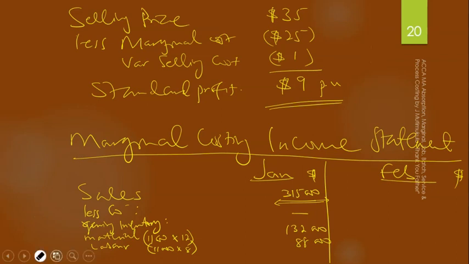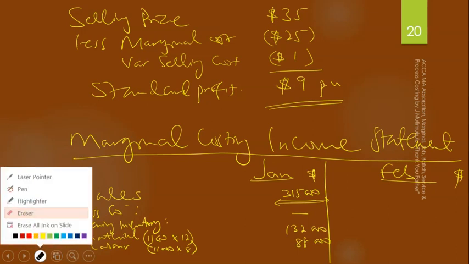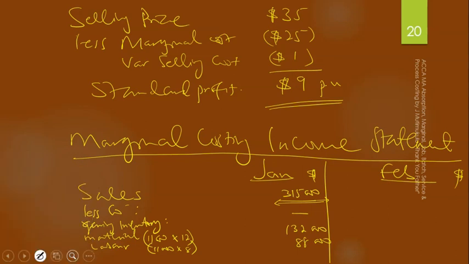All right, where we talked of the variable selling cost. There was a point where we talked of this one, which should also be considered now, the selling cost. All right, we have to consider them.